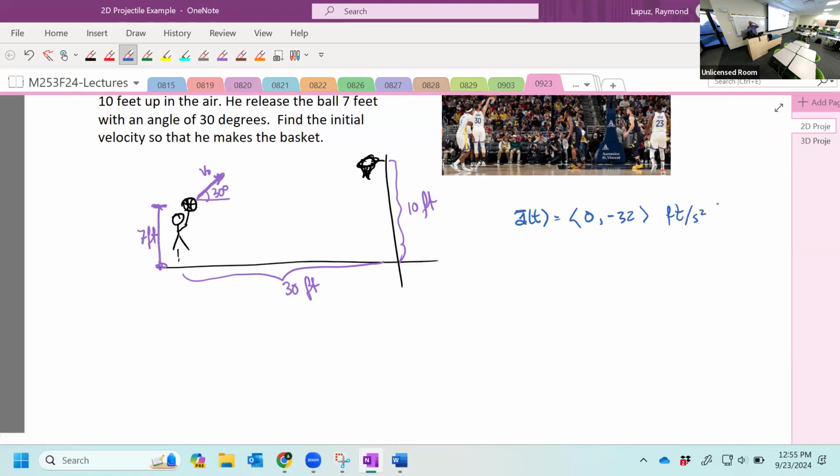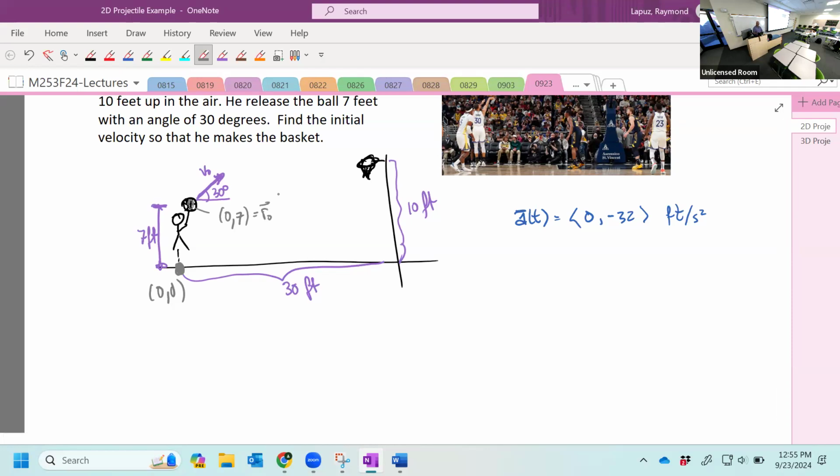Well, before we do that, let's establish the origin. I said to establish the origin from the beginning, and I forgot. So let's assume that this is the origin. That way we can try to identify all the different places that we need to identify. So let's say the ball over here is initially at the point 0, 7 feet high, 0. And let's call this R sub 0, because this is where everything starts.